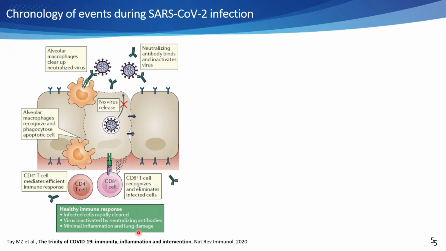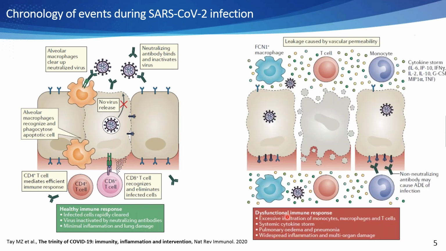But in the worst case scenario, we end up with a dysfunctional immune response. In this case, we can see excessive infiltration of monocytes, macrophages, and T cells, which would lead to a systemic cytokine storm.